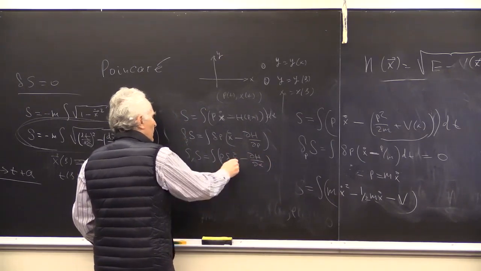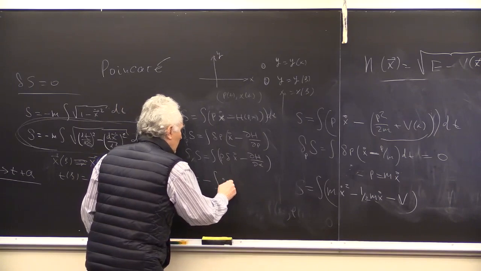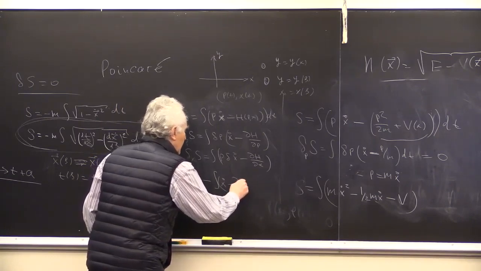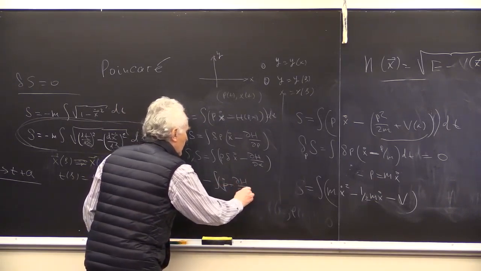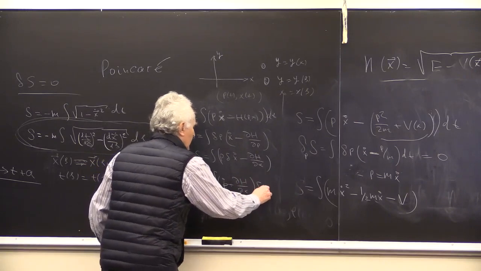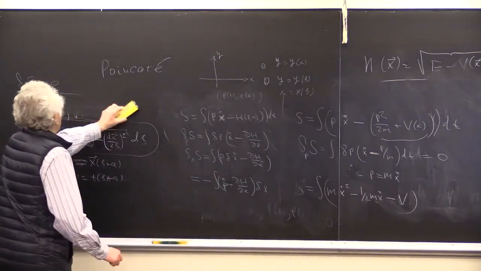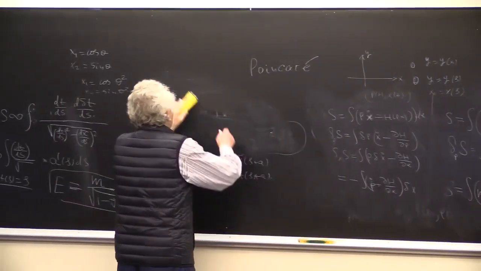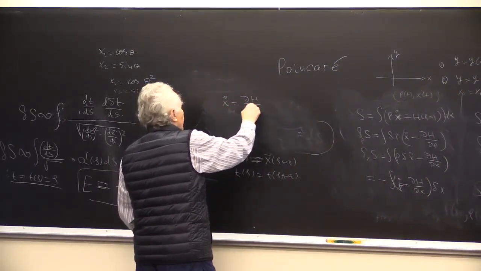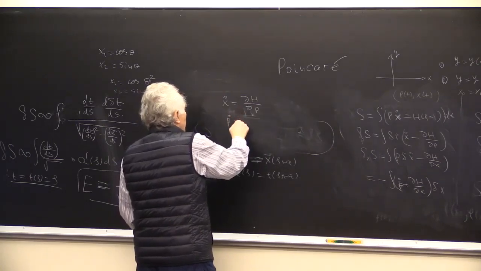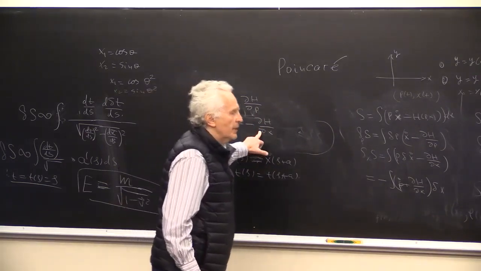Here you have to integrate by parts, and you get p dot plus dh dx, times delta x. So you have two equations. Equation one is x dot equals dh dp. Equation two is p dot equals minus dh dx. This minus is extremely important.